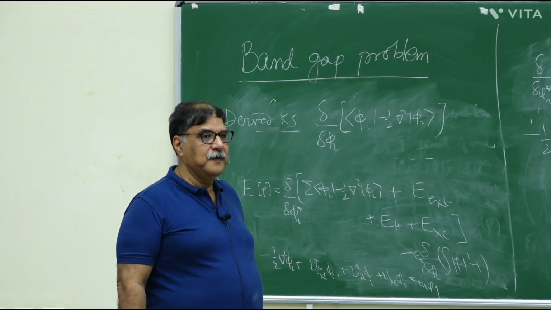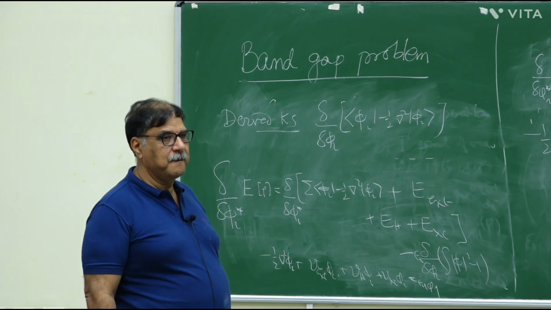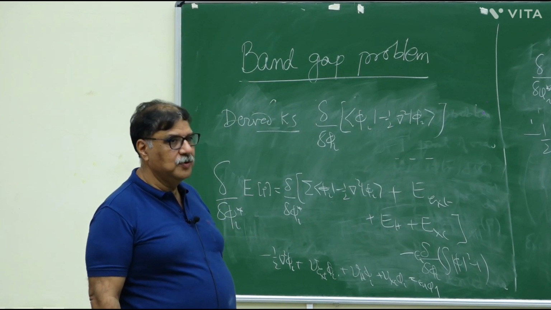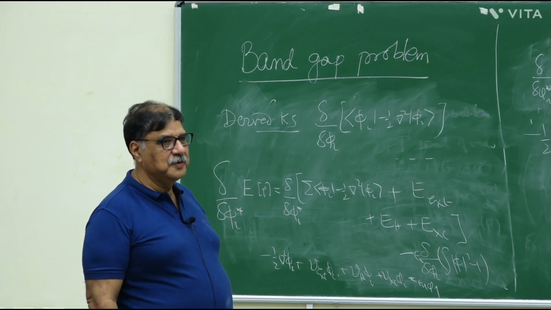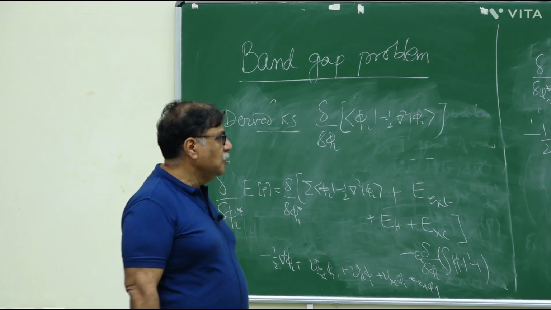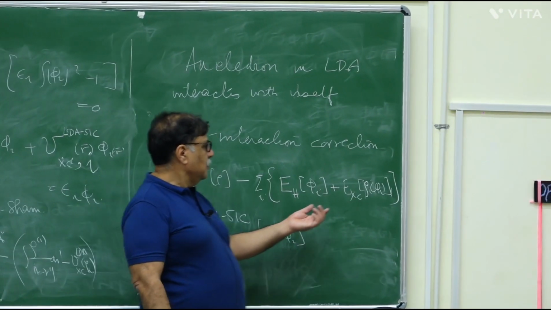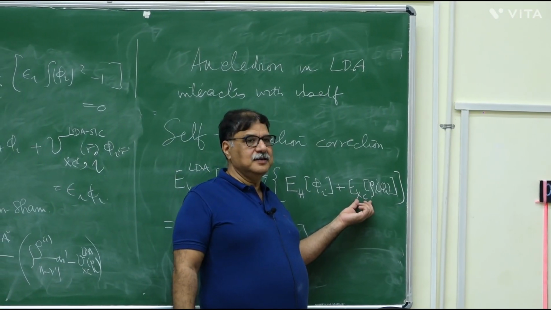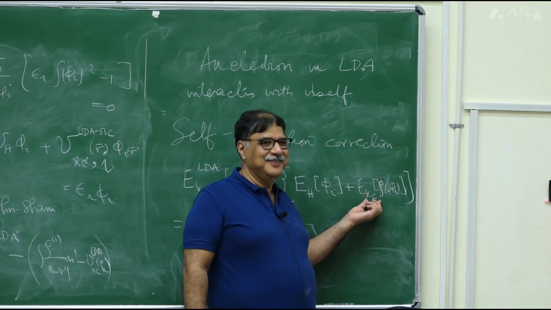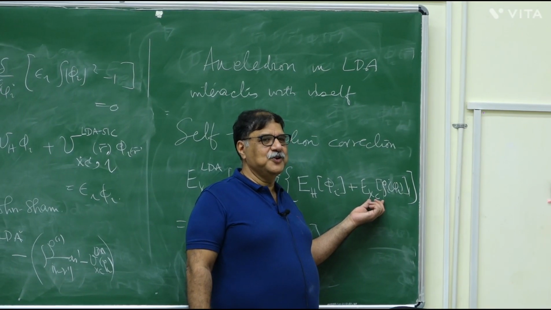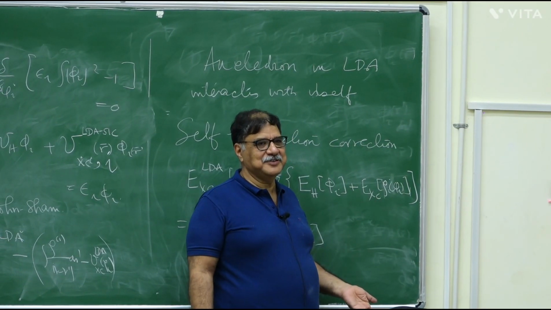So can we say now that we have solved this many-body problem exactly? No. There must be a catch. You're still not, because to start with your EXC is approximate. If it were not approximate, you would not have any self-interaction.